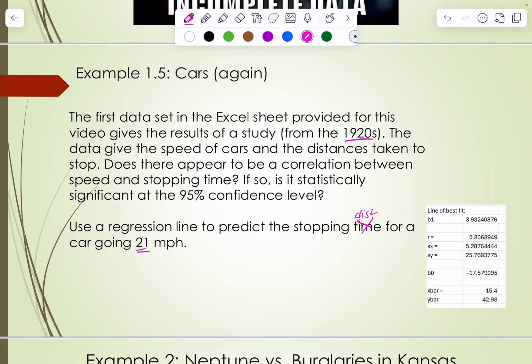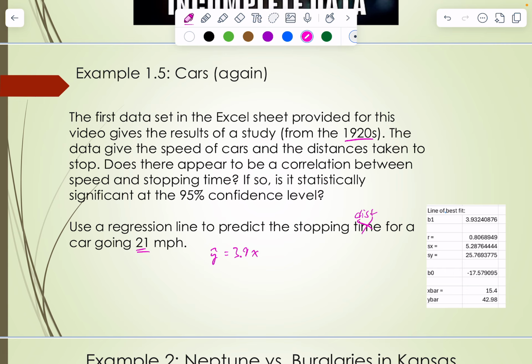And so I've got y hat equals 3.9324. Let's see, that's a bit too much. Let's just go one more than what the data was given.